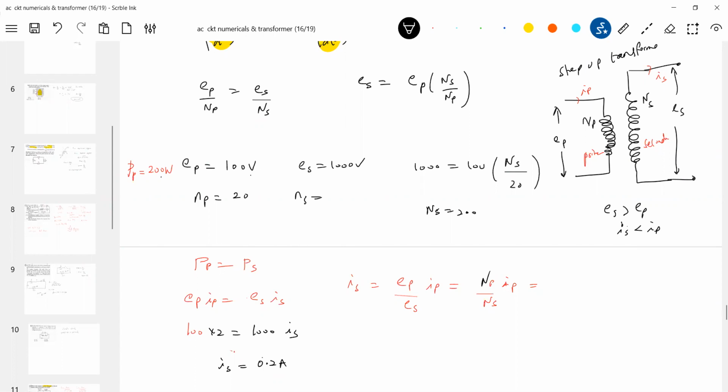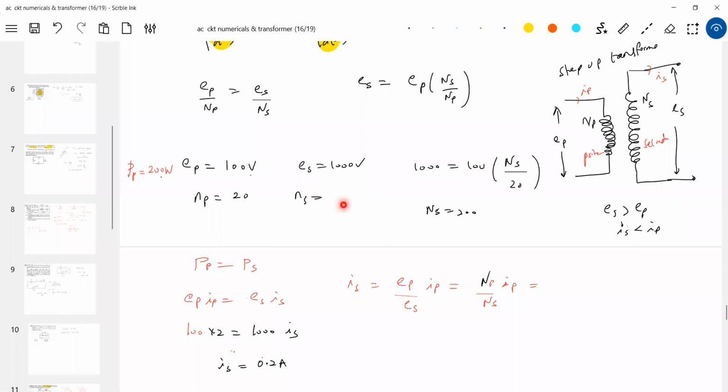At least now the losses will be minimized. Earlier, if I send the signal with power 200 watt, voltage 100, and current 2 ampere, the I squared R losses will be more. Instead, if I send it with 0.2 ampere, the power losses are minimized during transmission.